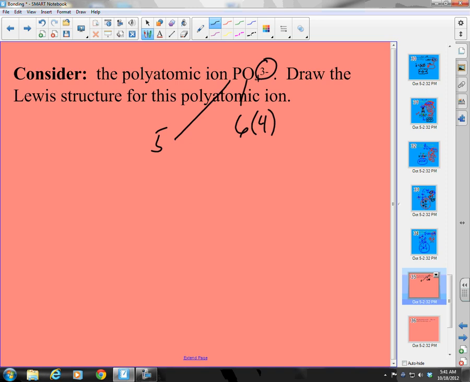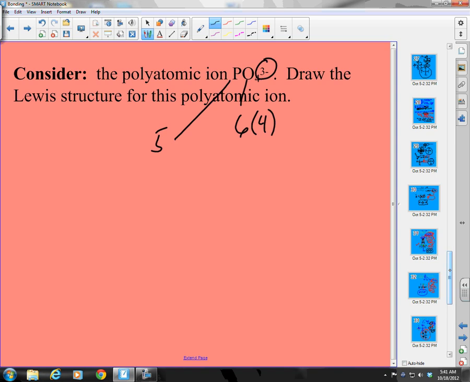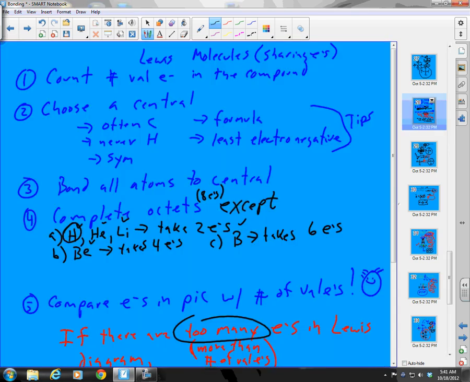Okay, so let's go back to our notes here on Lewis structures. We have to make a little addendum here under number 1: count valence electrons in compound.